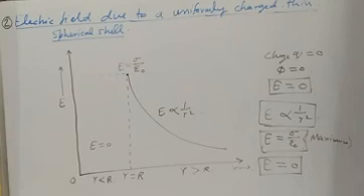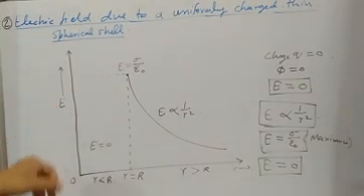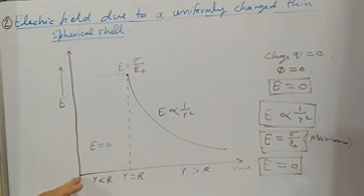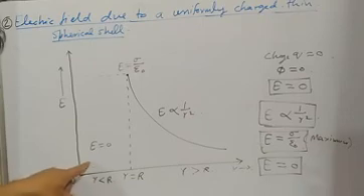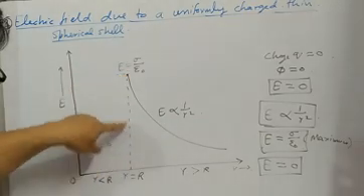Students, sometimes a question is asked to show the variation of electric field with respect to distance from the center of the spherical shell. Here in this figure you can see at the center of the spherical shell the electric field remains 0, and it remains 0 till we move to the surface of the shell.